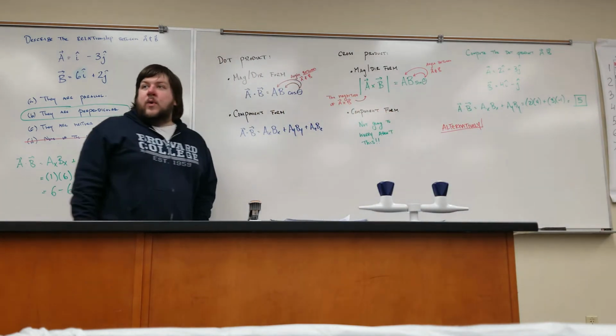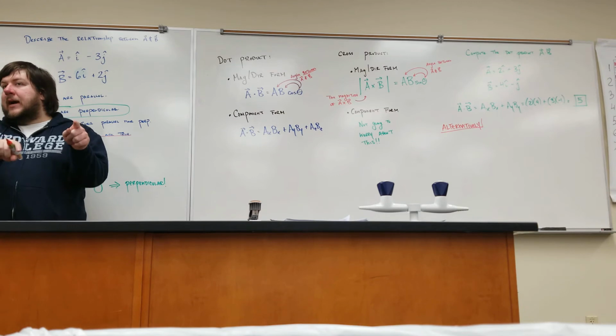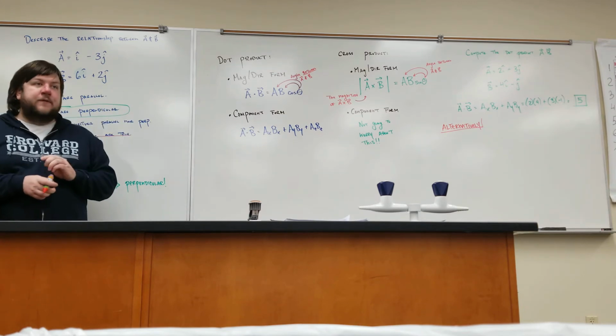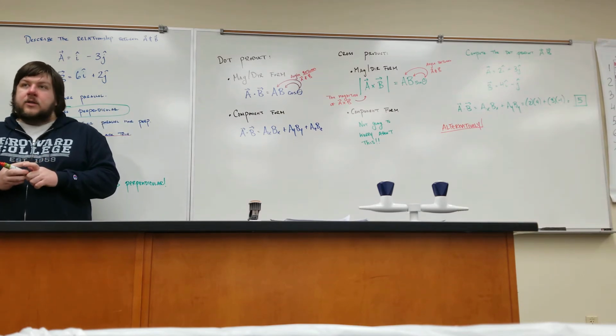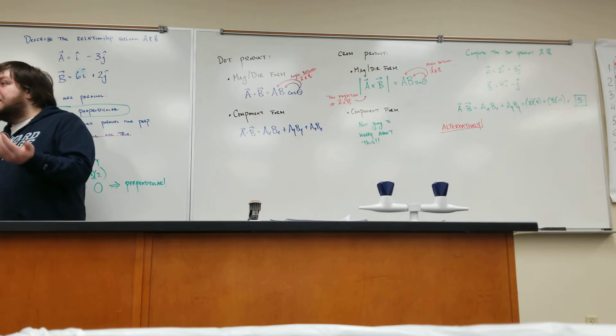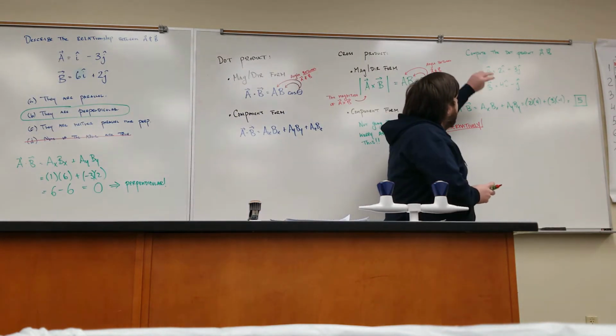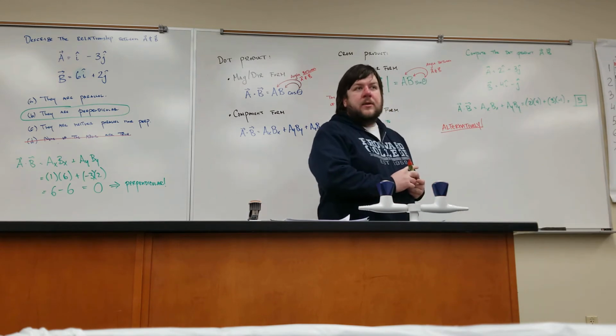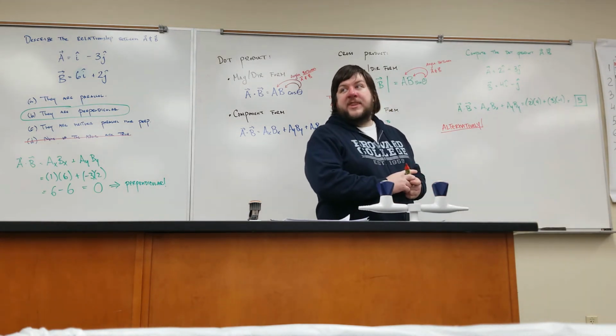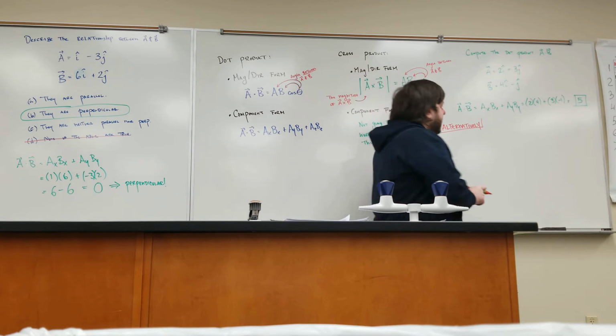Alternatively, we can compute the magnitude and direction form of each of those two vectors. So the simplest thing to start with is to find the magnitude of each vector. If we know the components, how do we find the magnitude of a vector? The Pythagorean theorem, always the Pythagorean theorem.